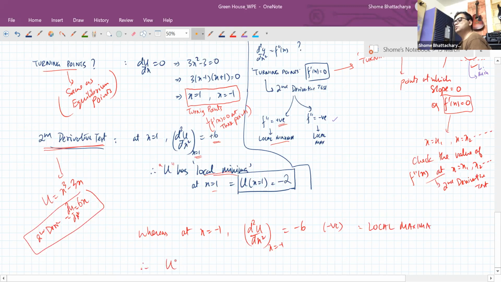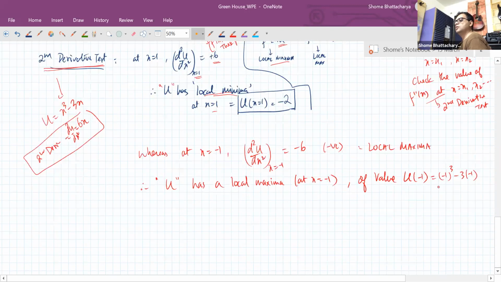Therefore, the function u has a local maxima at x equal to minus 1, of value u of minus 1. So that is minus 1 cube minus 3 times minus 1. So the value of the local maxima is plus 2. It has a local maxima of plus 2, which occurs at x equal to minus 1.